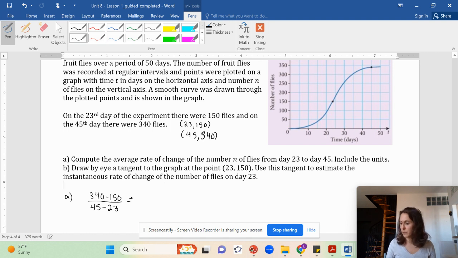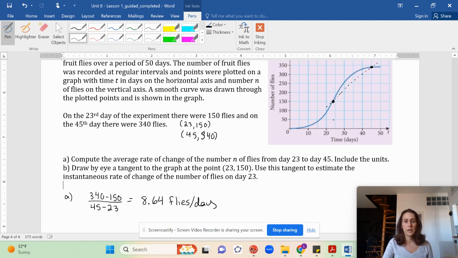And that gives us, I've already calculated this, 8.64 flies per day. So on average, the number of flies is increasing by 8.64 flies per day, from the 23rd to the 45th day. And we just found the slope of this line here.